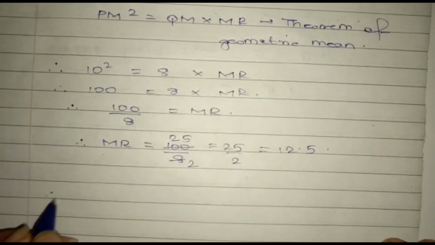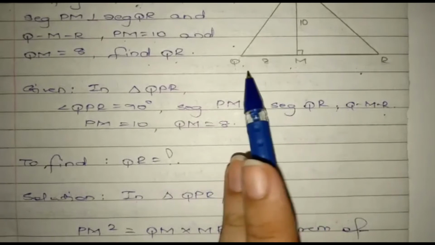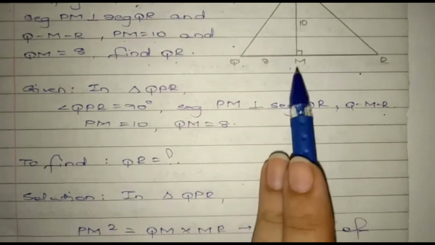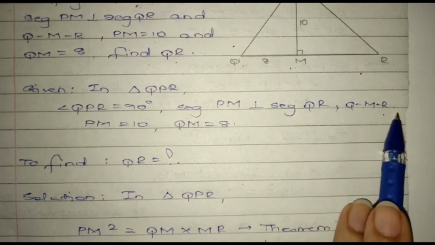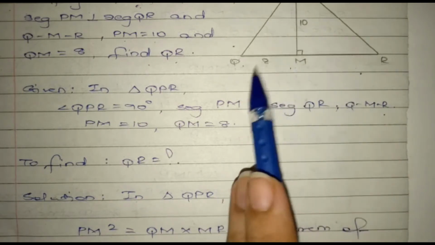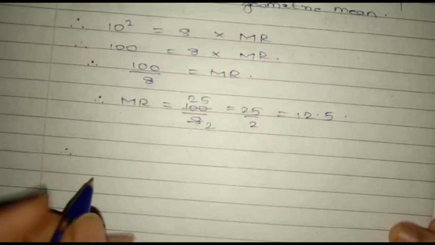Therefore we'll write QR is equal to QM plus MR. Why? Because Q, M and R are collinear.